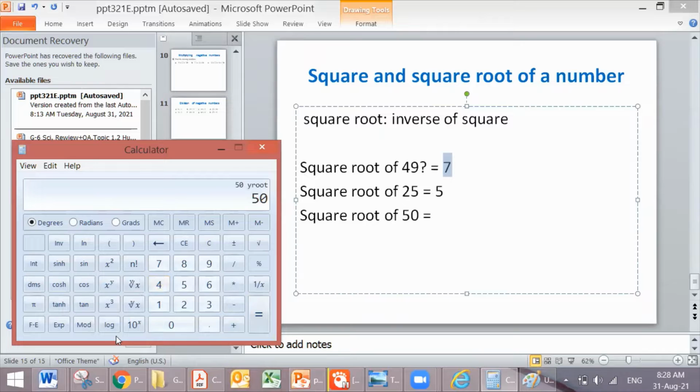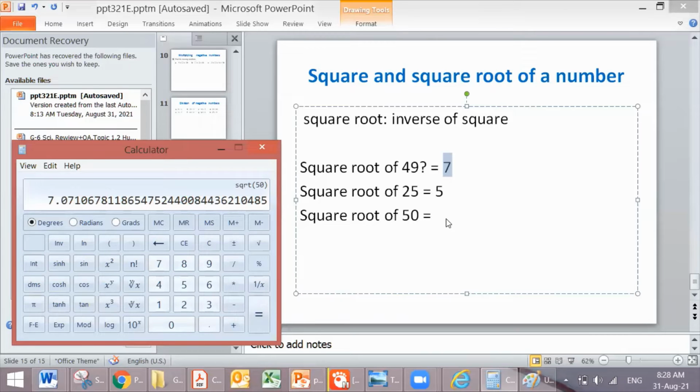Okay, sorry, here it is. So 50, and this one is the square root. Here you can find that the square root of 50 is 7.0710. This is a very long number, you don't need to write it all.